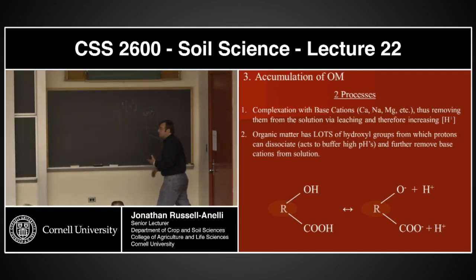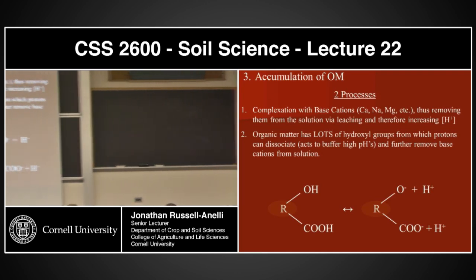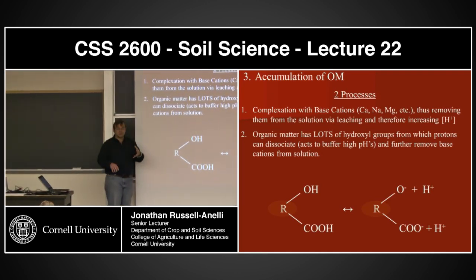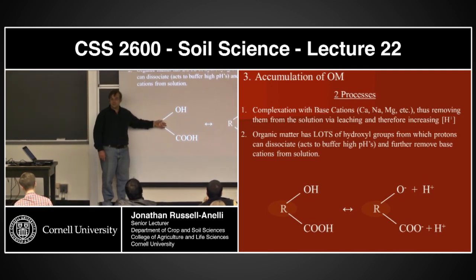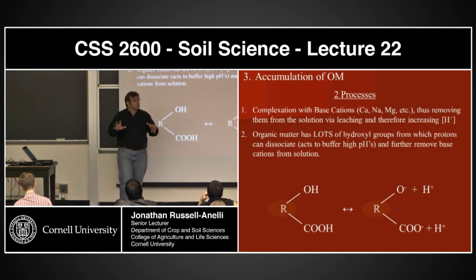Now, this is a two-step reaction. The first part of it is this complexation. And when I start changing the pH, I'm also going to remember pH-dependent charge. As I start lowering the pH, what's going to happen to the colloid charge here? Remember pH-dependent charge. Okay, let's start with the easy one.